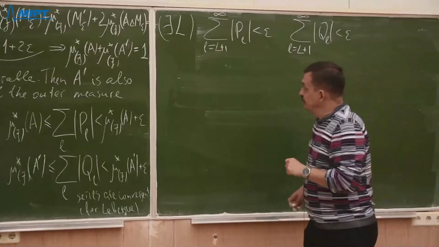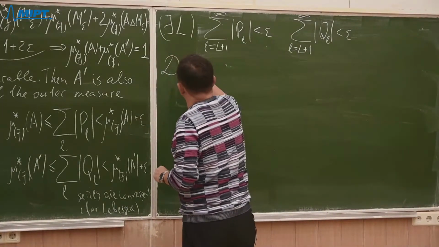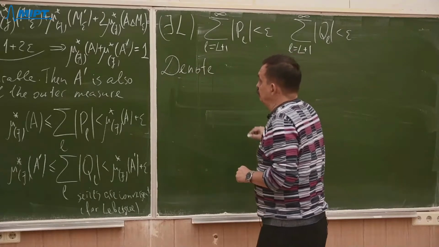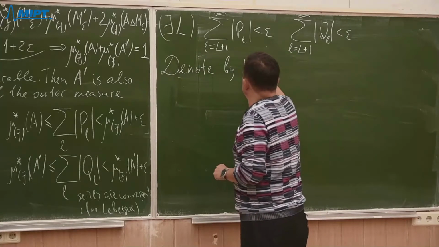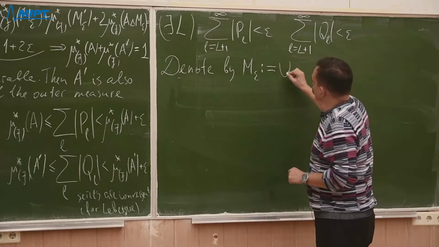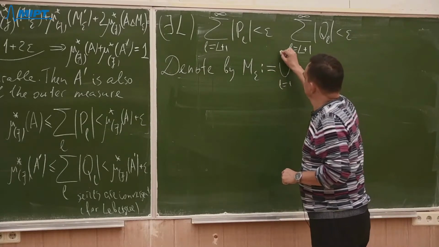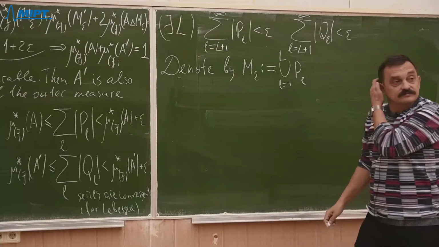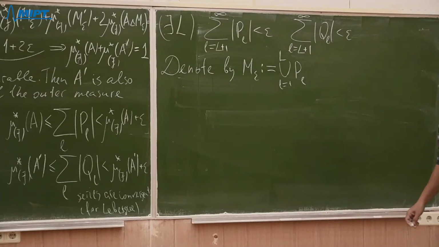So denote by M epsilon the union of the first L sets P_L. So then what happens?